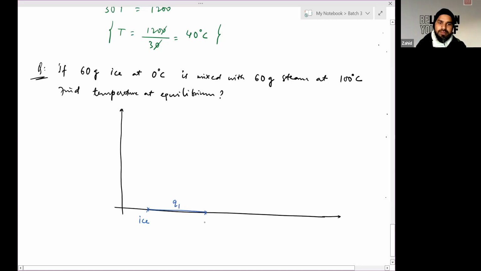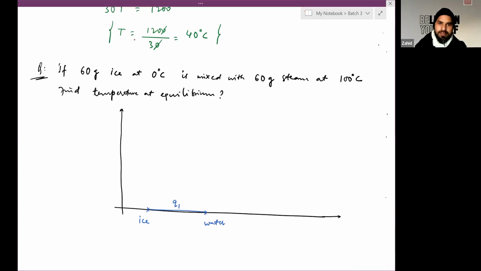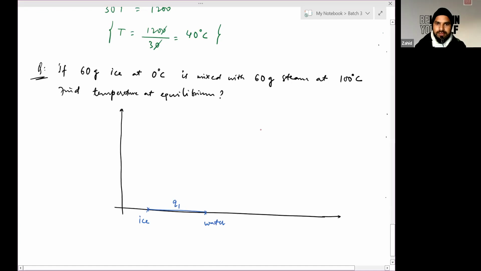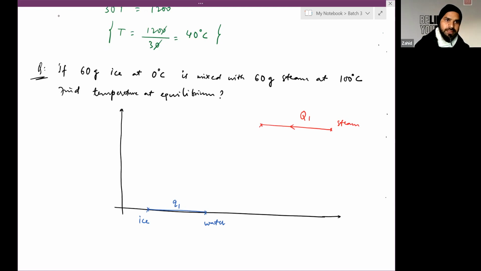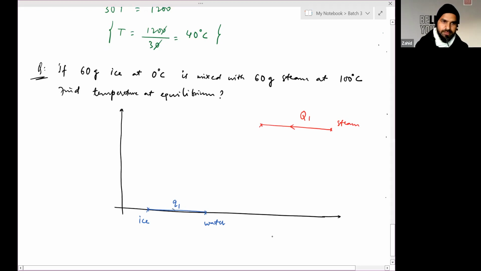So it will be Q1 to convert into water. Similarly, this amount of heat must be provided by steam to go from this point to this point, in terms of Q1. So first try to calculate small q1 and capital Q1. Try to solve.